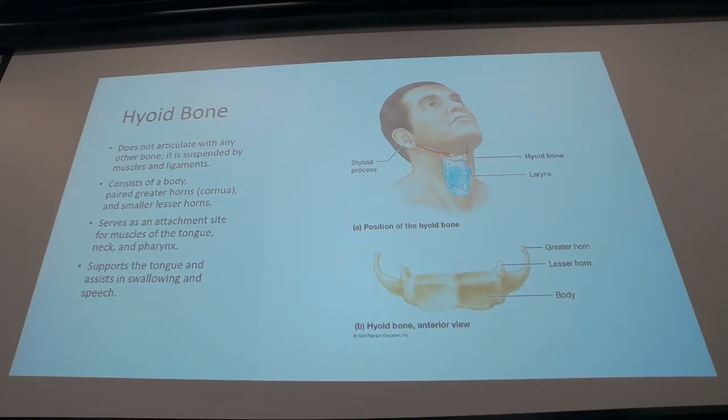This part in here, which is posterior, are the greater horns, and the horns face superiorly, and then this is the body. Another name for the horns is cornua. Cuernos. So it assists in swallowing and also modifying a little bit the tone of our voice.